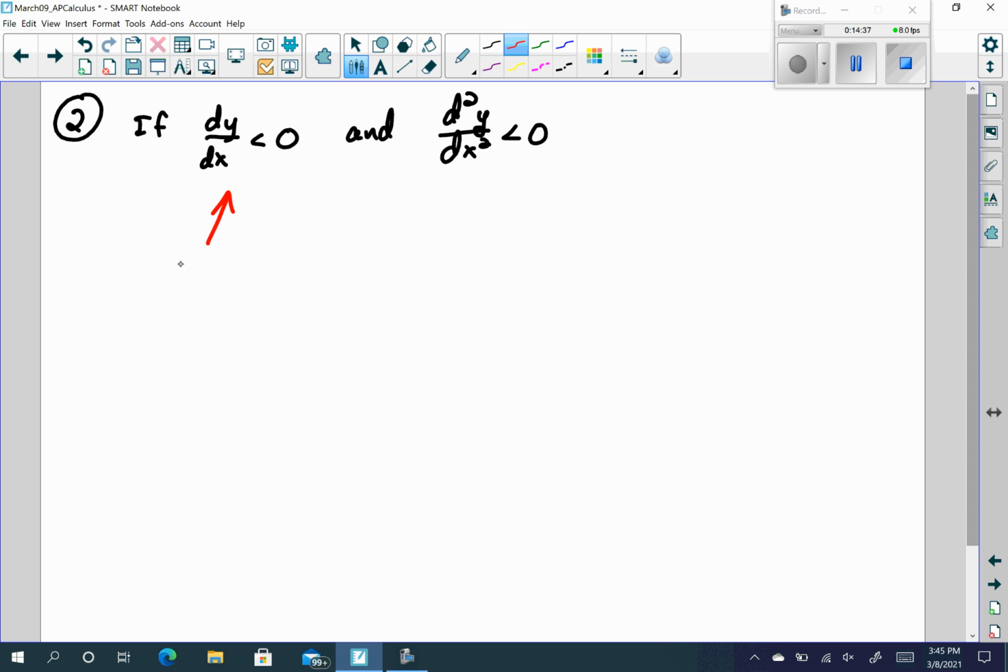So this is telling us that our first derivative is negative, so this means y is decreasing. Our second derivative is negative, so this means y is concave down. If you go back to the graph, this happens at point B. That's the only point where the graph is decreasing and is also concave down.